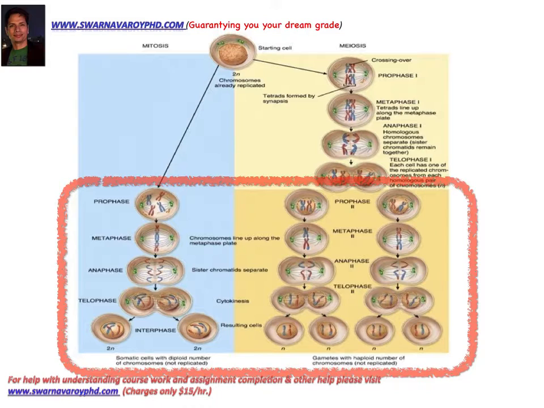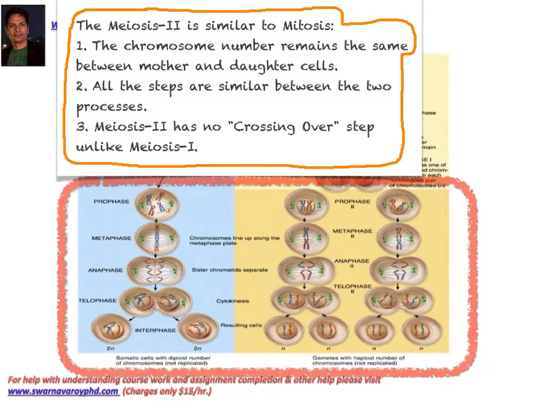as the mitosis. It again has the steps like prophase 2, metaphase 2, anaphase 2, telophase 2, and you can see how the chromosome number between the starting cell and the end daughter cells remains the same. So the meiosis 2 is similar to mitosis, and these are the points.